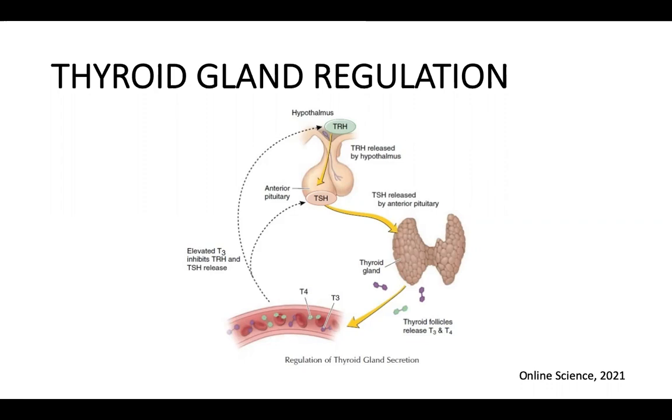Once it's made, it's released from the thyroid gland into the bloodstream. And then as the blood passes the hypothalamus and pituitary, TSH will shut down or decrease as the amount of thyroxine goes up.